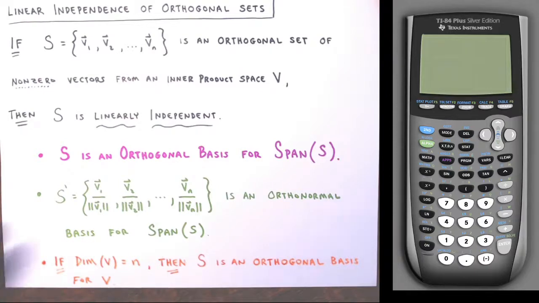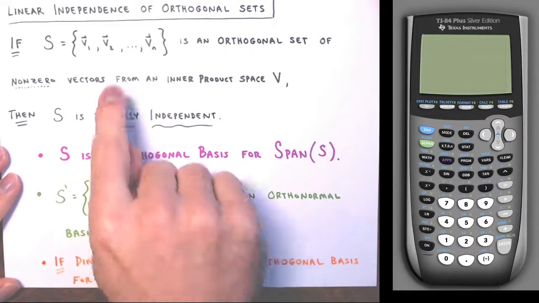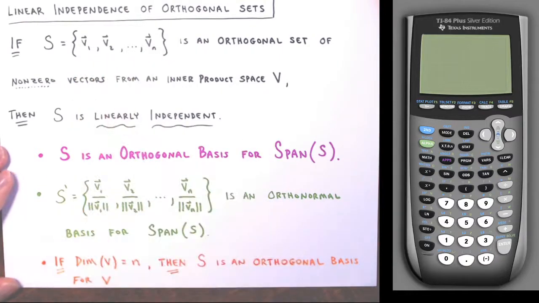So if the dimension of a vector space is n, and I have n vectors in my orthogonal set, then S would be a basis for V, an orthogonal basis for the vector space.